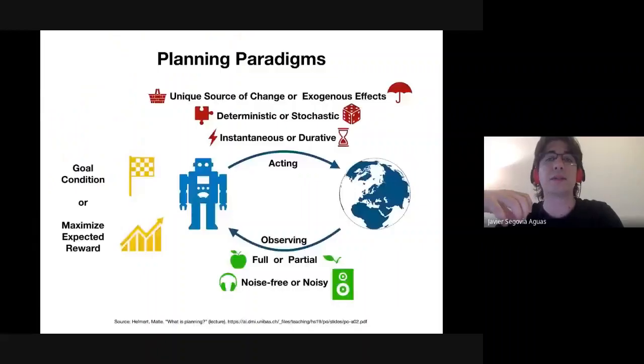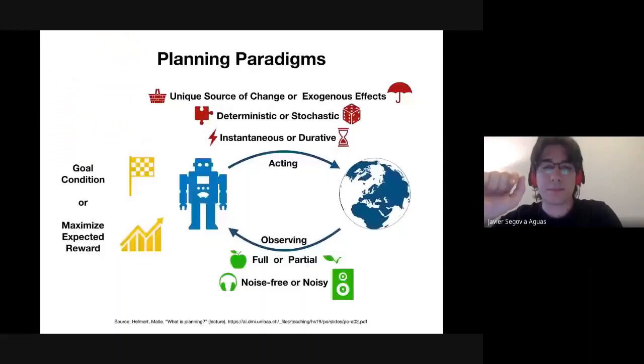So if I pick up a block, there is no possible failure. And I know that I will pick up this block, and the consequence will be that this block will be in my gripper. But there could also be exogenous effects, which means that there are some variables that we are not considering in our problem and may change the effects of our actions or the consequence state.